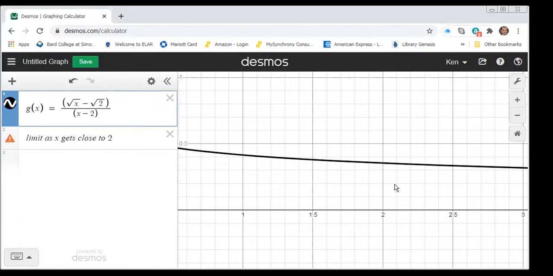If we wanted to find the exact answer, we'd probably need to do a little bit of work for how to calculate this limit algebraically.